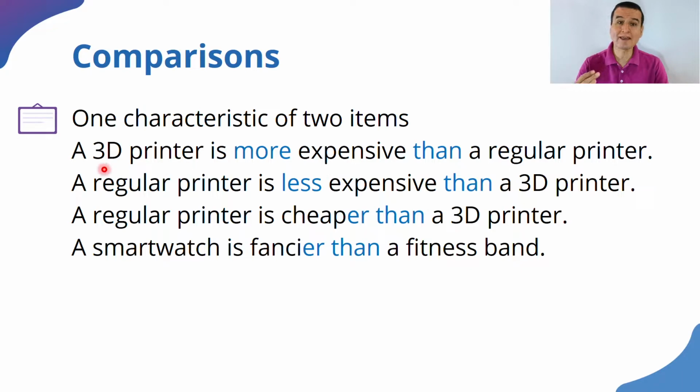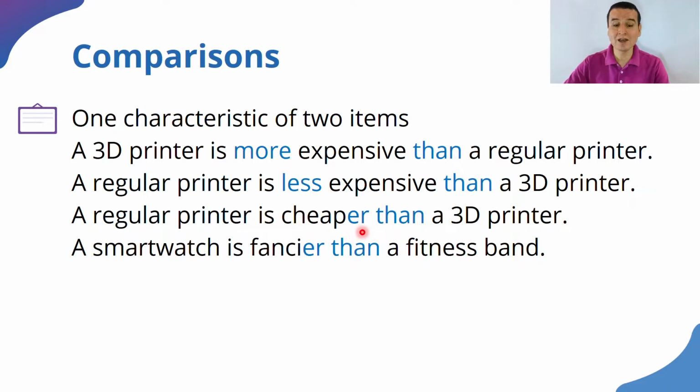We could also say that it is less, that it has less of that characteristic. And we could say a regular printer is less expensive than a 3D printer, all right? Now, when we have short adjectives and we are saying that one item has more of that adjective or of that characteristic than the other, instead of using the word more, we can add the ending er.